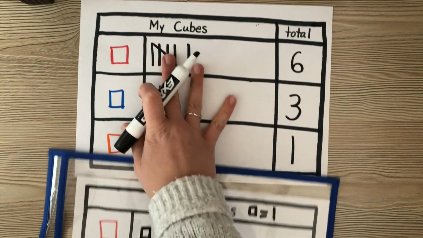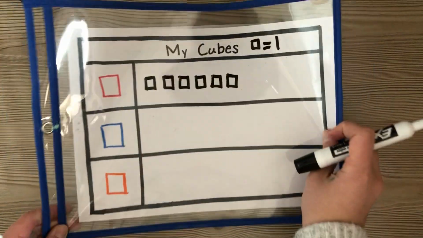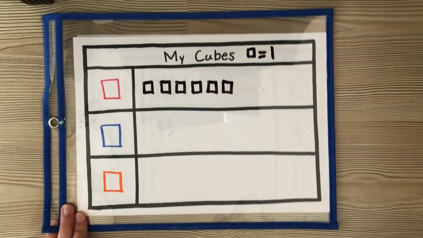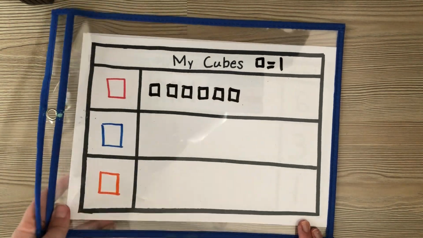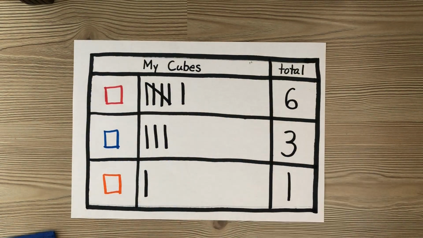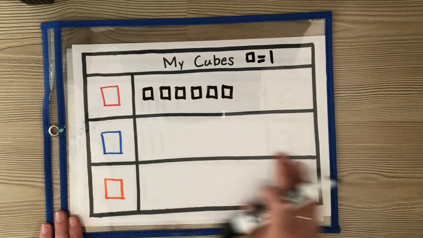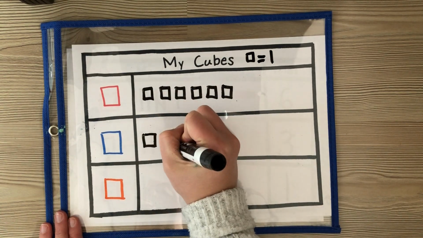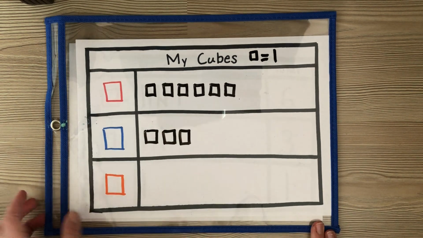So here, if you look at my tally chart, it tells me I have 6 red cubes. If you look at my picture chart, it also tells you I have 6 red cubes. The information is the same, but the charts are different. All right, let's look at the blue cubes. It says I have 3 blue cubes. Now I'm going to put that information on my picture graph by adding 1, 2, 3 cubes.